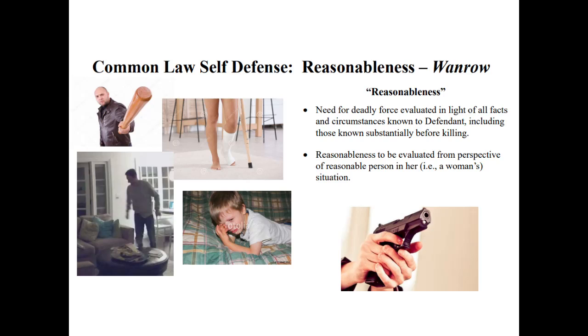We've seen this before in the context of heat of passion. And then the court offers that sex is simply a proxy for other relevant matters, such as size, strength, ability to use force, and experience using force. All right, so sex is simply a proxy for other relevant matters which could be taken into account even if we had a masculine or gender neutral standard.